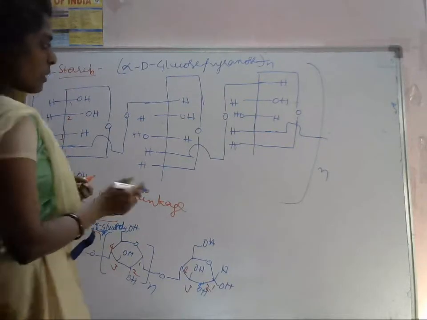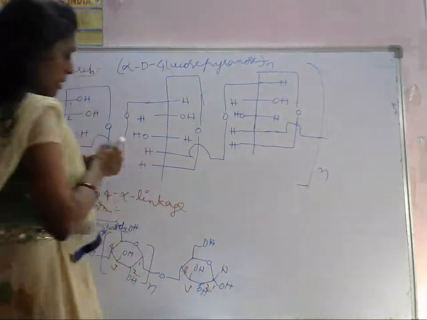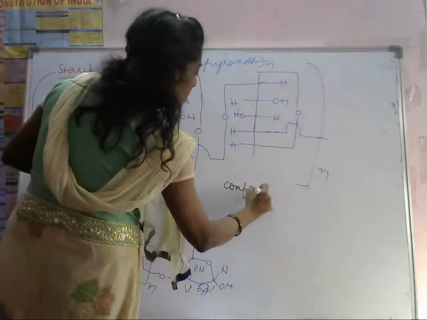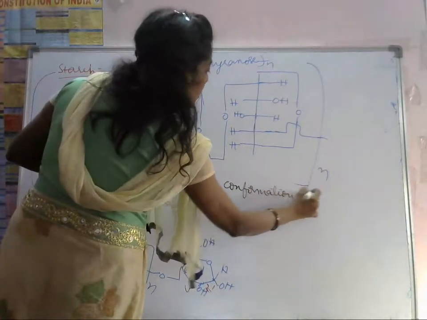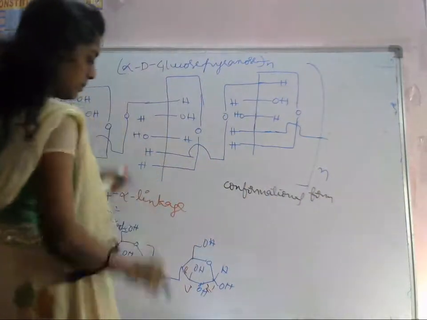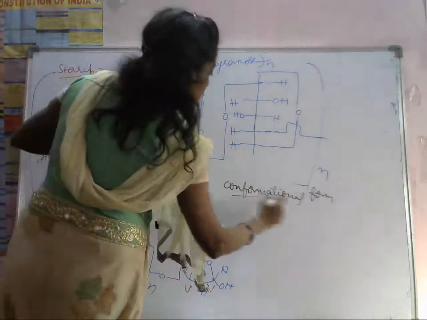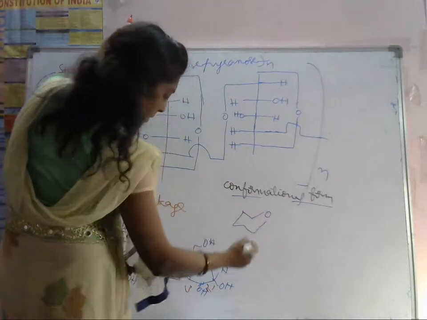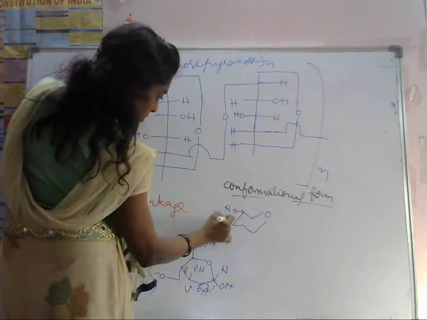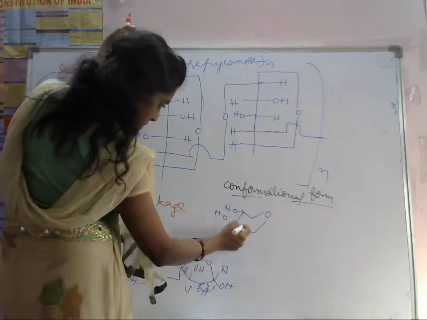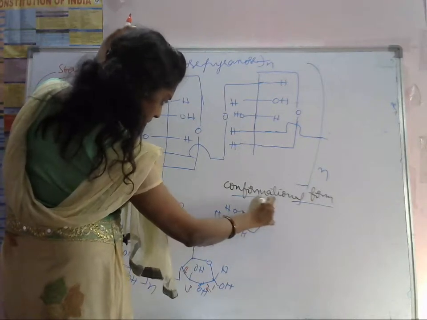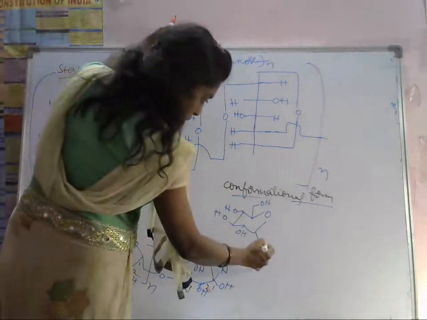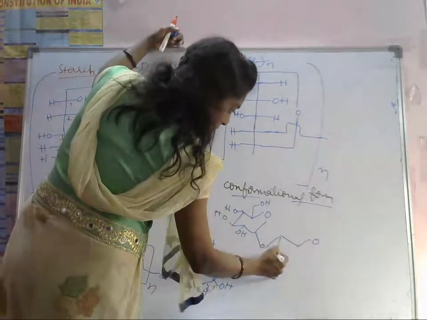Let's see the conformational form. We have to write this. This is attached in this mode, so that's why it is called alpha linkage.